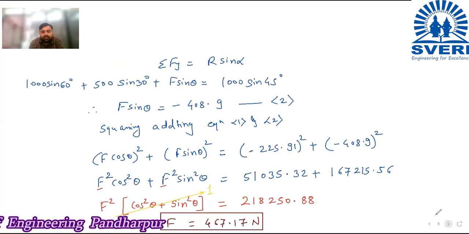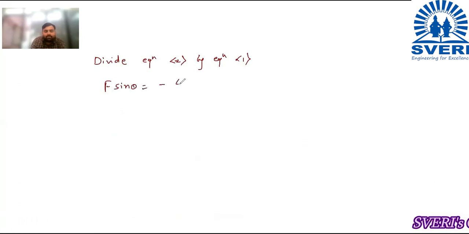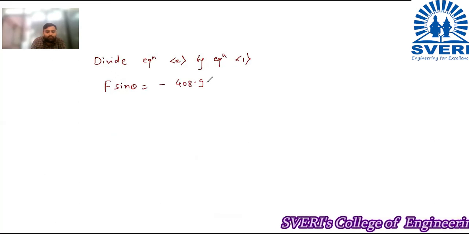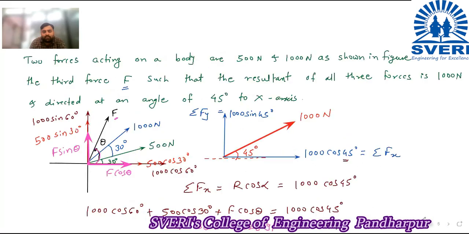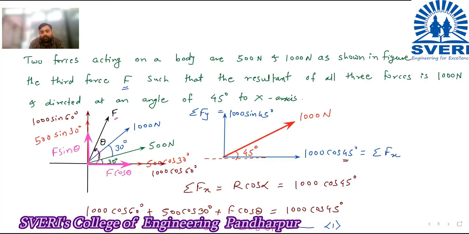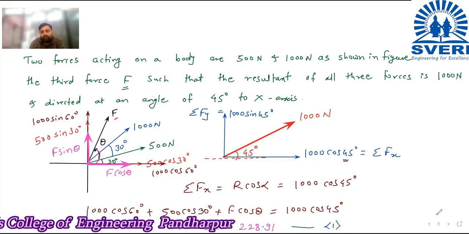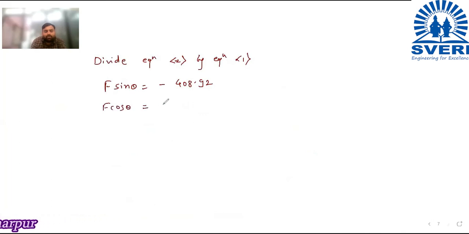Equation 2 is f sin theta is equal to minus 408.92. And equation 1 is f cos theta is equal to minus 228.91.